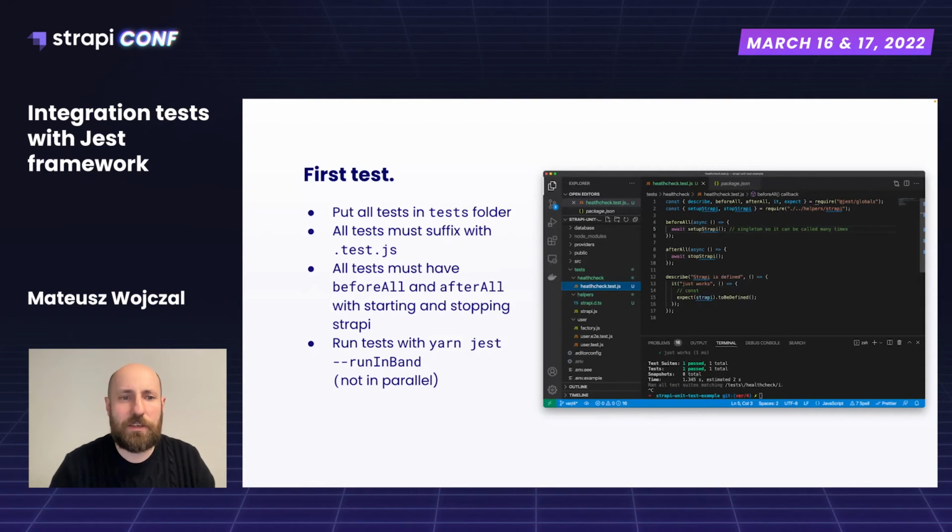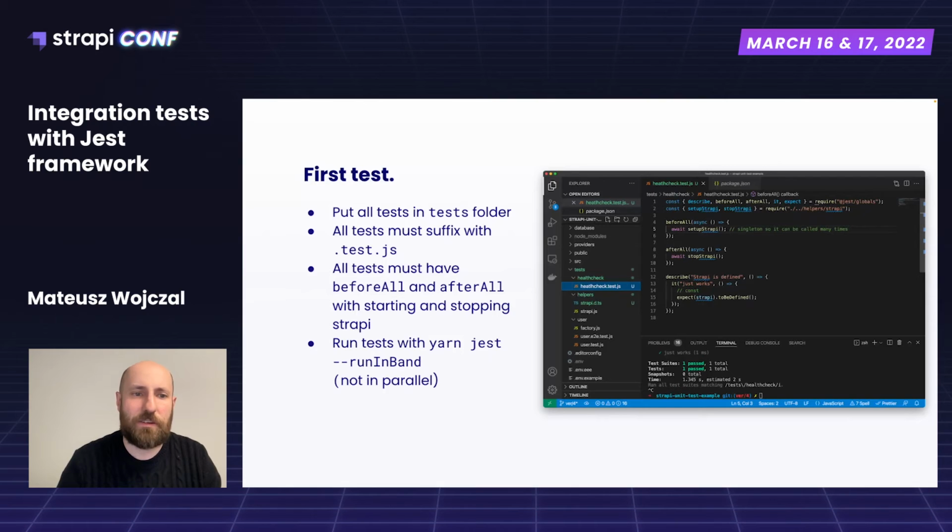And then the other essential thing: you have to run Jest with the option runInBand. Let me explain this. When you run Strapi, there's a lot happening on the file system, and not just the database. So the tests cannot run in parallel. They have to run one by one.